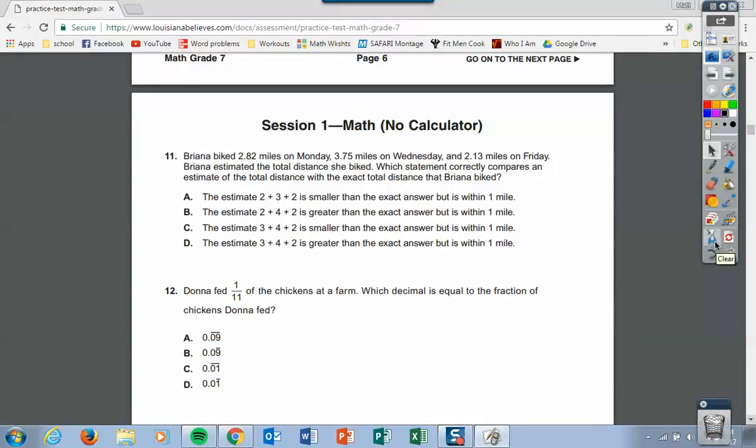Brianna biked 2.82 miles on Monday, 3.75 on Wednesday, and 2.13 on Friday. Brianna estimated the total distance she biked. Which statement correctly compares an estimate of the total distance with the exact total distance that Brianna biked?